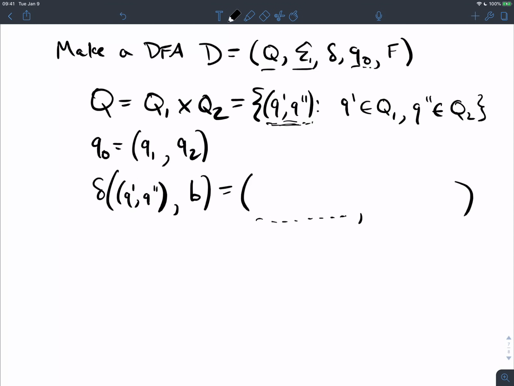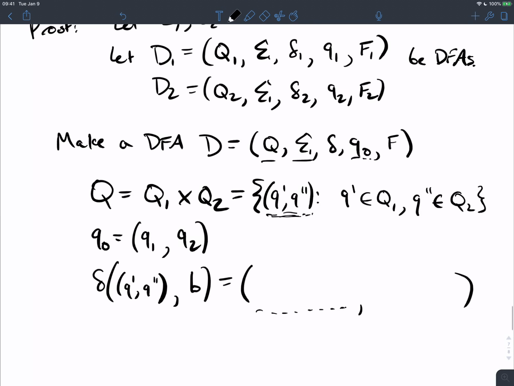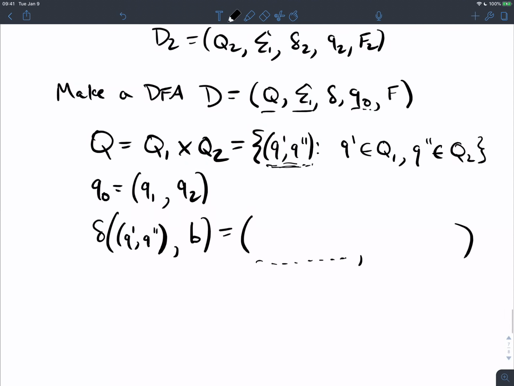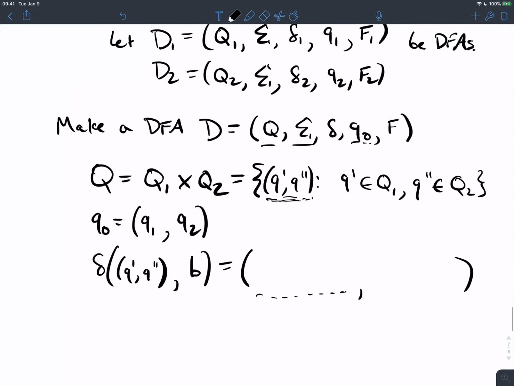Well, I'm trying to simulate both machines at the same time. So the first coordinate involves which of the two machines? The first one. So this first coordinate should entirely deal with the first machine and not the second one. What state of the first machine was I in before the transition occurred? Q prime, single primed. And what symbol am I looking at? B. How do I figure out what state to go to for the first machine?